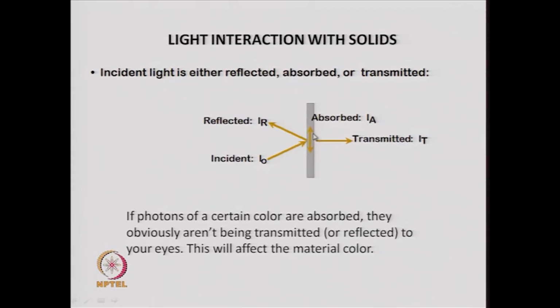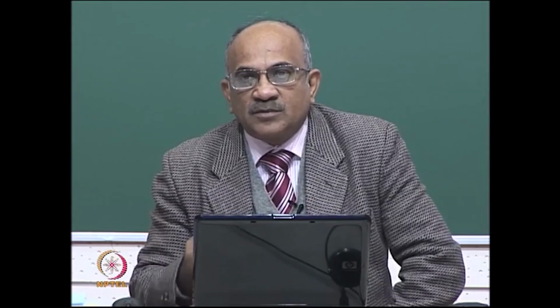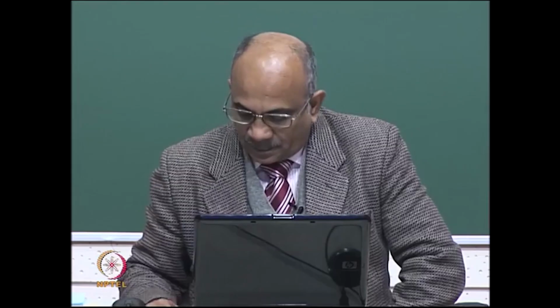So, if something is absorbed, then you will not see the exact wavelength from the incident beam, because some wavelength is absorbed, and you will see a resultant wavelength minus this wavelength from the incoming beam. So, you will see a different color. This is what happens when light interacts with solids, and the reflected or transmitted light will be different from the incident light, because you have lost some radiation due to absorption of the material.